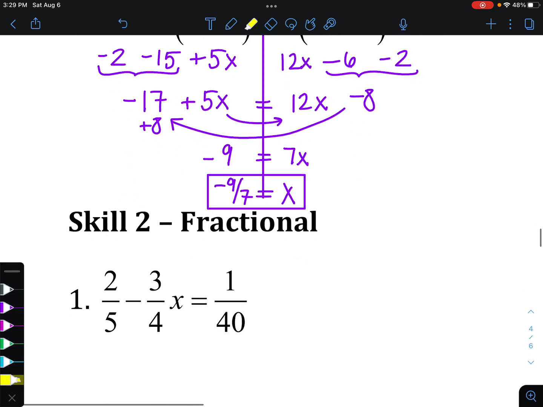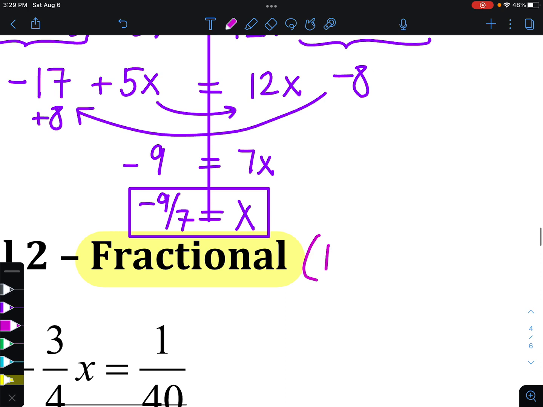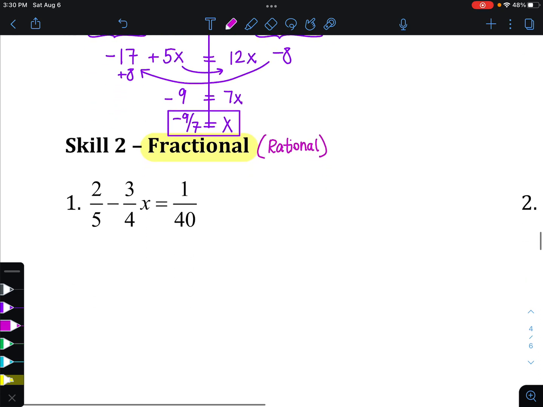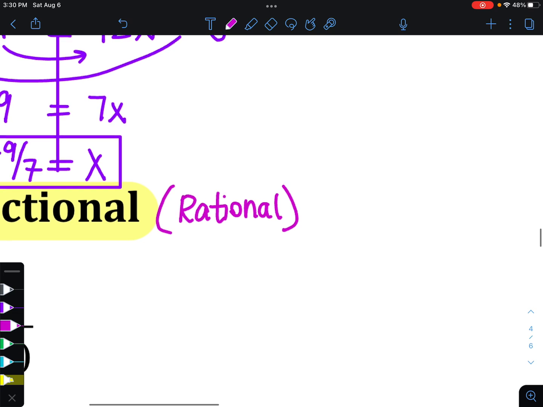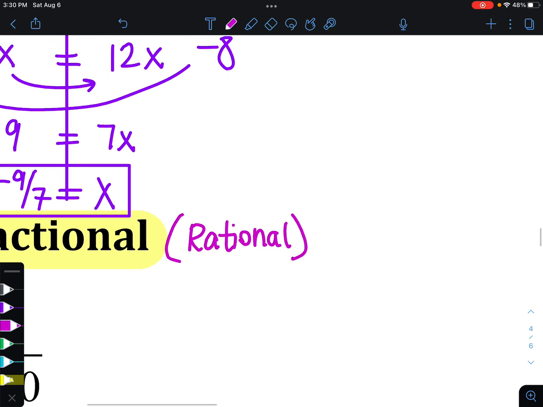Let's move on. So here we have equations with fractions in them. This says fractional. You might also see them be called rational equations. Rational means fractions, right? So when we're dealing with rational equations or fractional equations, what we are going to need is an LCM, a least common multiple.